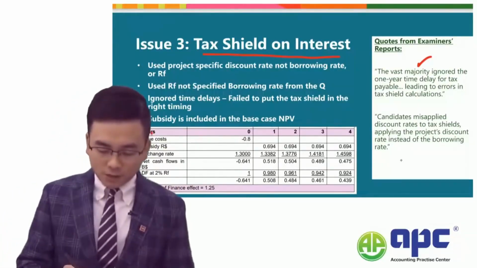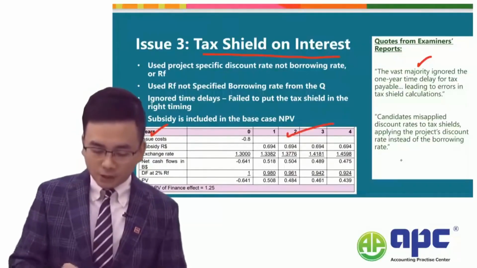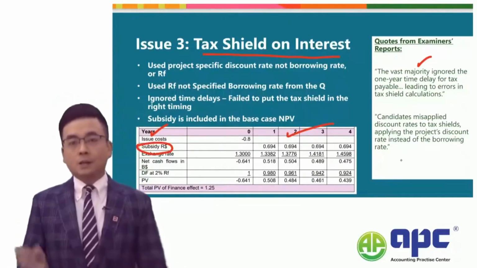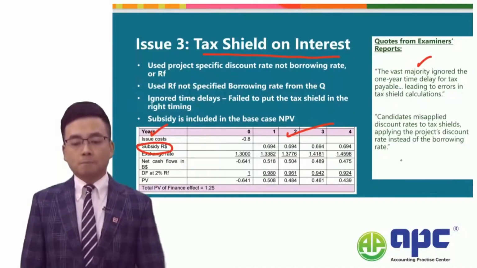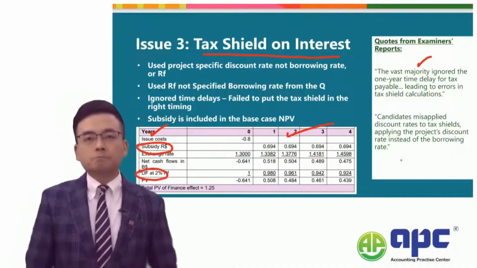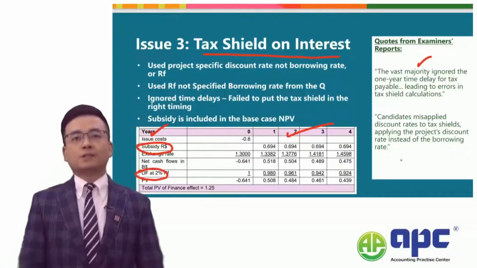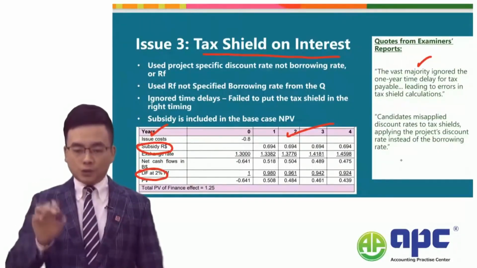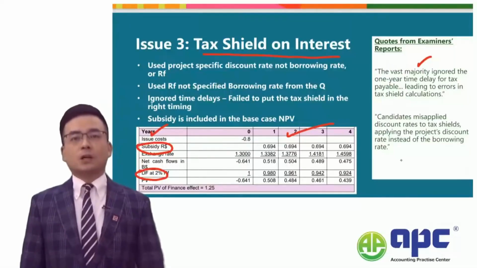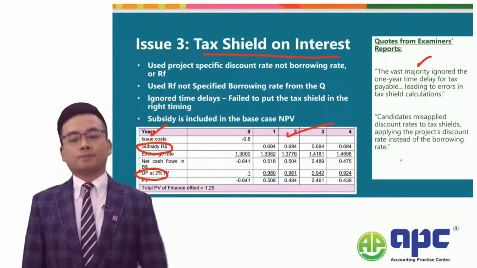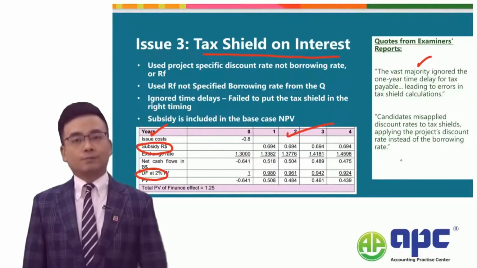The number of years, the relevant cash flow, for example related to a tax saving or subsidy, and then the discount rate. So all these 3 things would directly give you full marks if you slot that cash flow in the right timing. Now, right timing is so important, so make sure that you watch out.